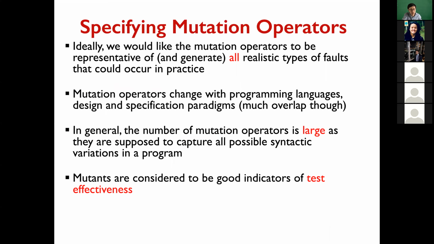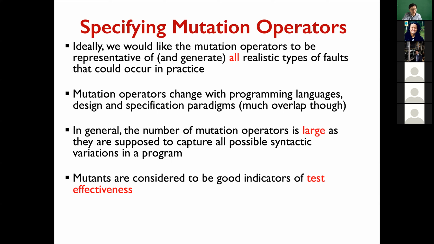So when we run the mutation test and we use the default specification, we can specify what mutation operators we want to use. Okay. Basically, ideally we want to run all the mutation operators, right? And we want to represent all the realistic types of faults.